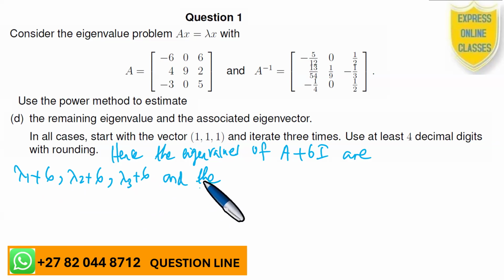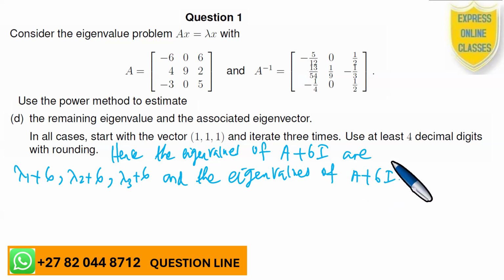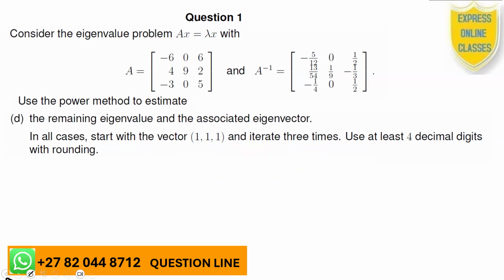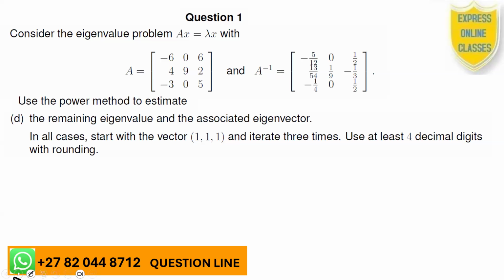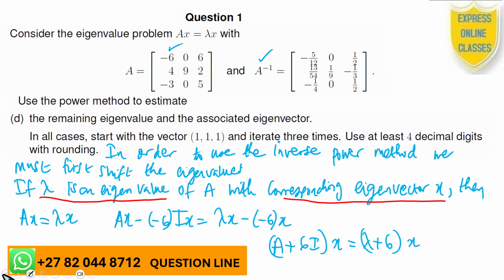And the eigenvalues of A plus 6I are lambda 1 plus 6, exactly the following.